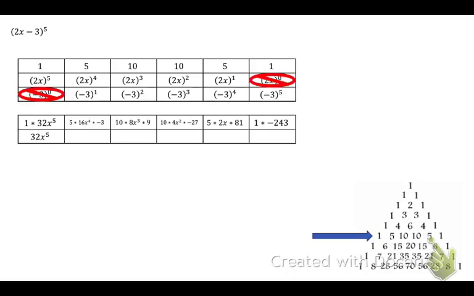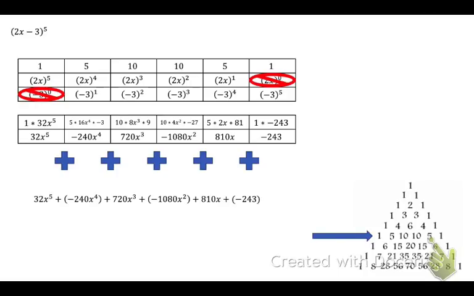We can multiply those out, so you get 32x to the fifth. 5 times 16 times negative 3 is negative 240, x to the fourth. 10 times 8 times 9 is 720, x cubed. 10 times 4 times negative 27 is negative 1080, x squared. 5 times 2 times 81 is 810x, and then negative 243.